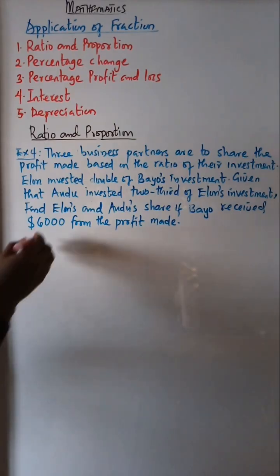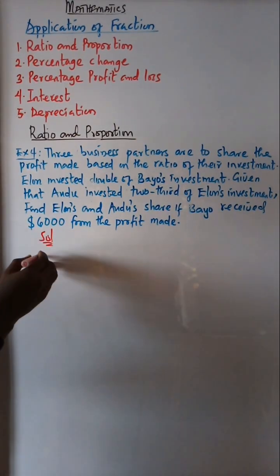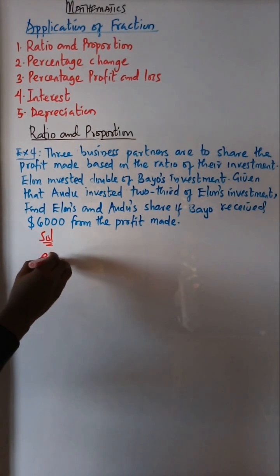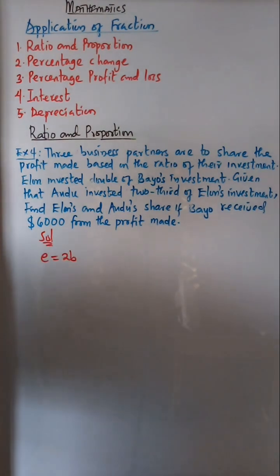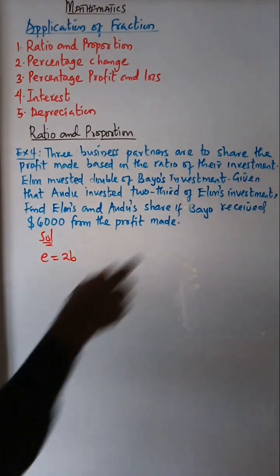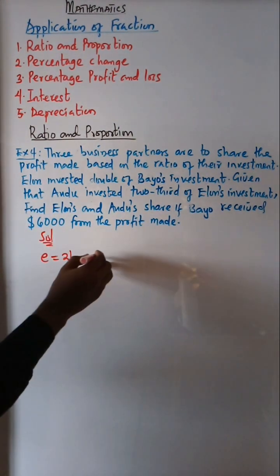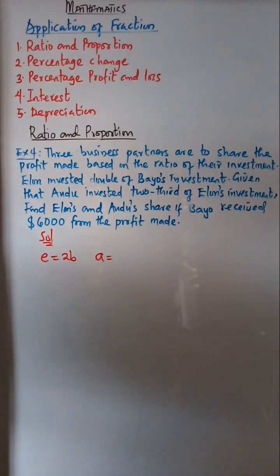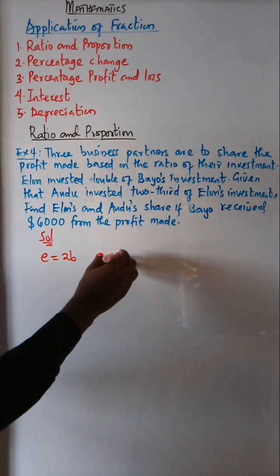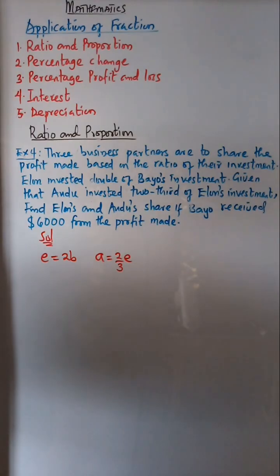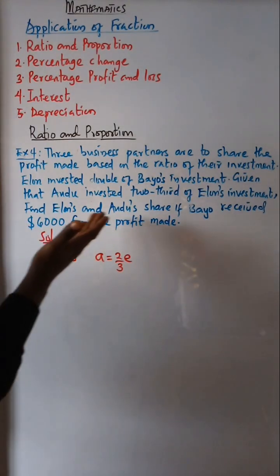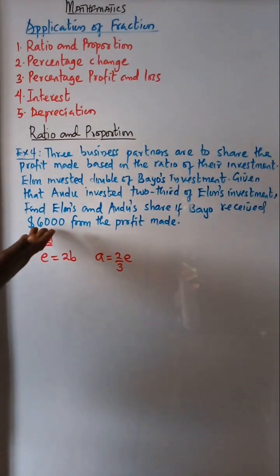So we can say, let Elon be the small e. Given that Audu, let's say Audu is A, Audu invested 2/3 of Elon's investment, that's E. Find Elon's and Audu's shares if Bayer received this from the profit.